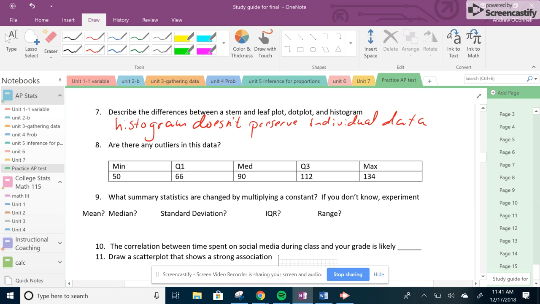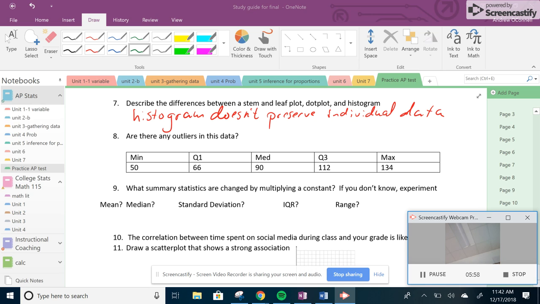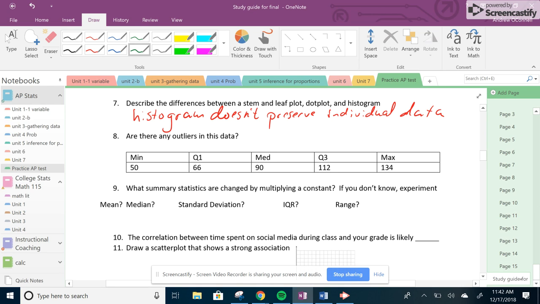Are there any outliers in the data? You need to remember the high fence and low fence, and what the formulas are. The high fence is Q3 plus 1.5 times the IQR.